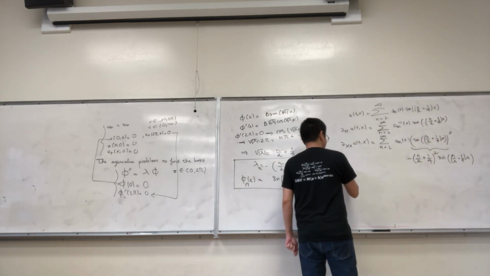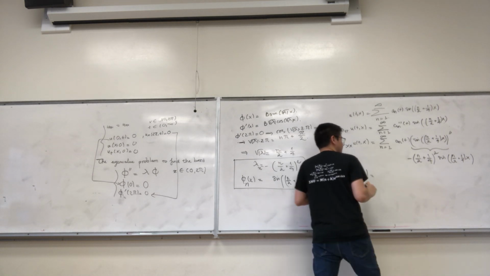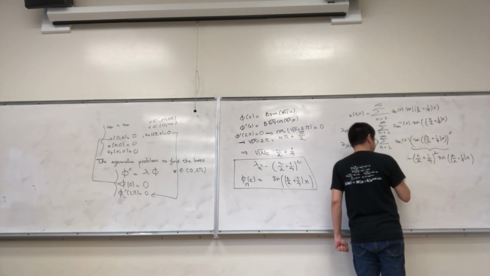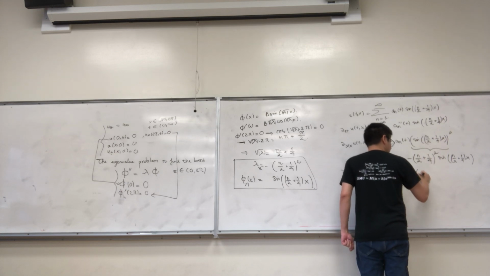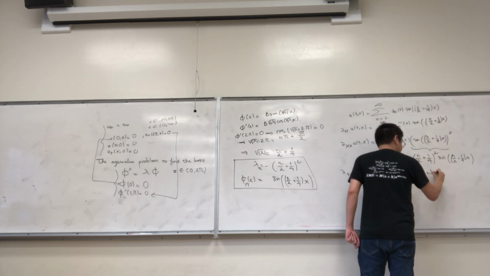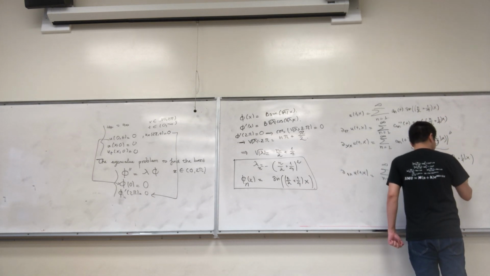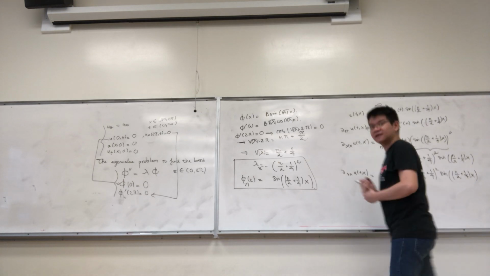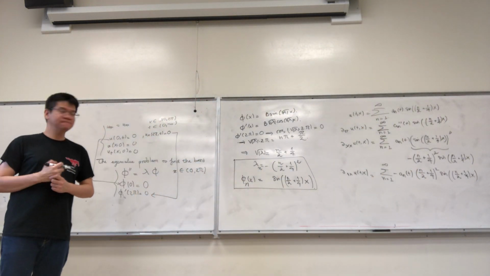Which means that u_xx(t,x) will be the sum, when n goes from 1 to infinity, of minus a_n(t) (n over 2 plus 1 over 4) squared sine of (n over 2 plus 1 over 4)x. All right? Questions?